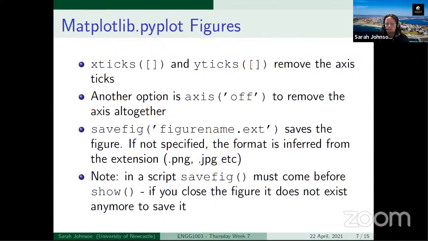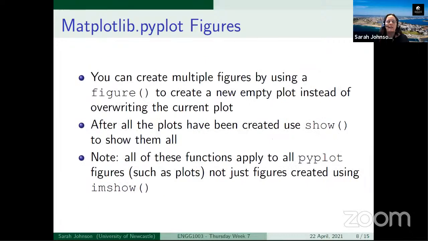Let's move on then. Before I move on, this is just a side note, because I noticed with the assignment that a lot of people were asking how they can create multiple plots rather than one at a time and closing them one at a time to run the rest of the code. The way you can do that in Python, both for traditional plots and also for the images we're working with today, is to create a new empty figure using the figure function.